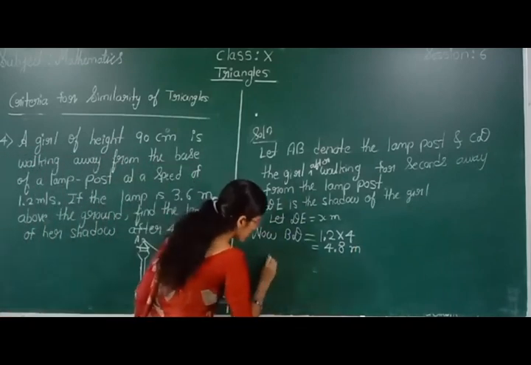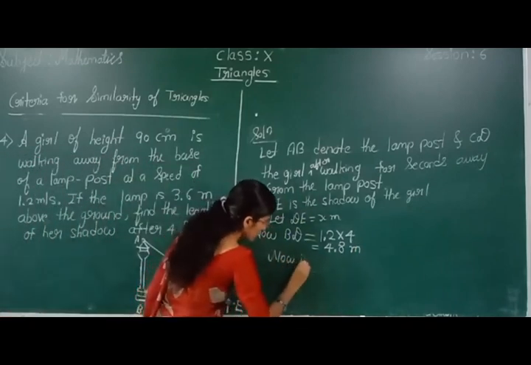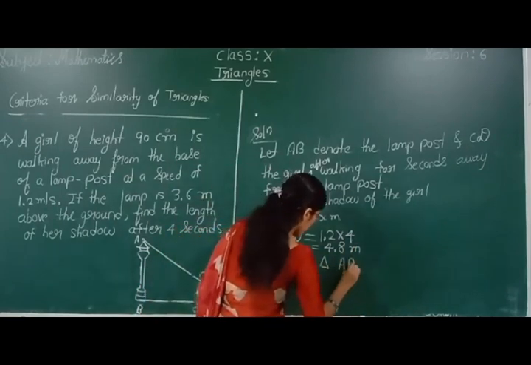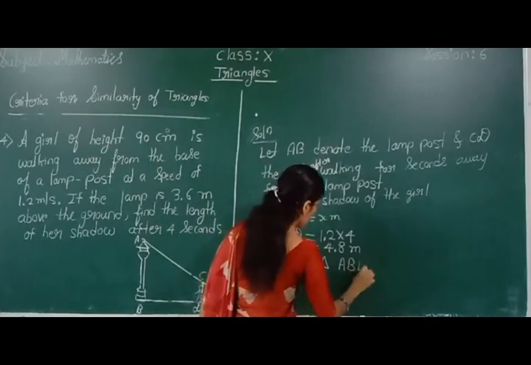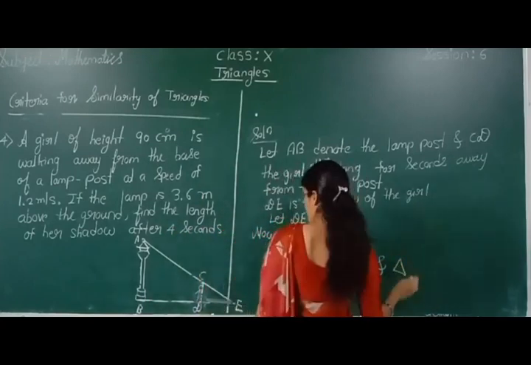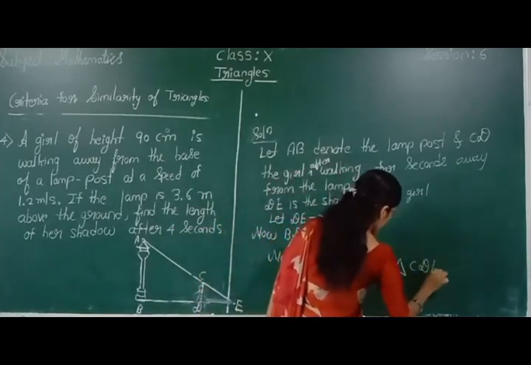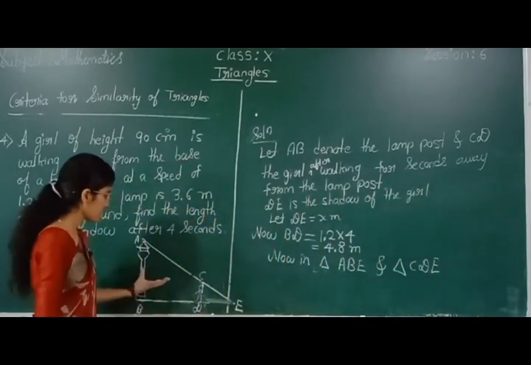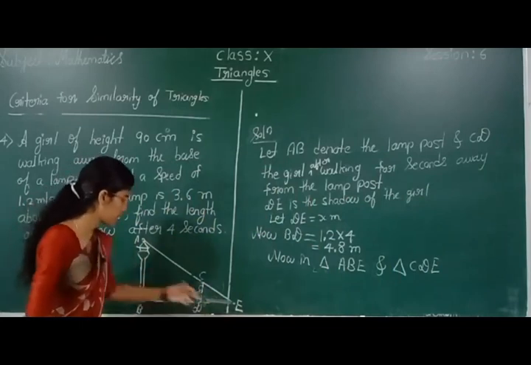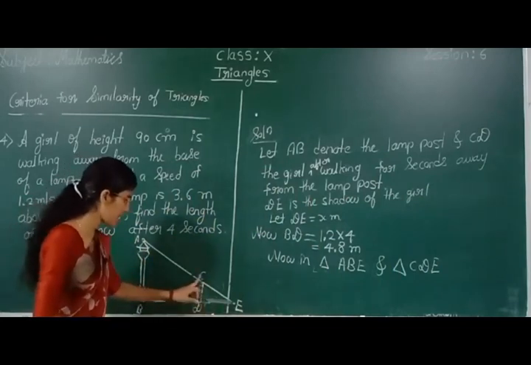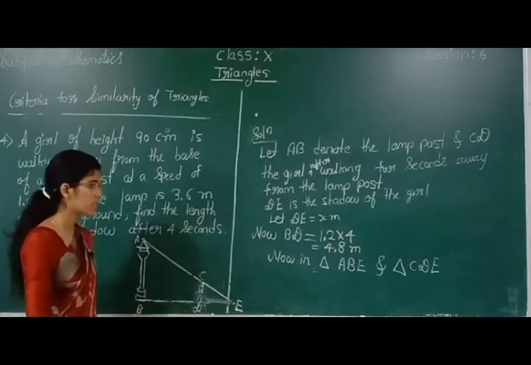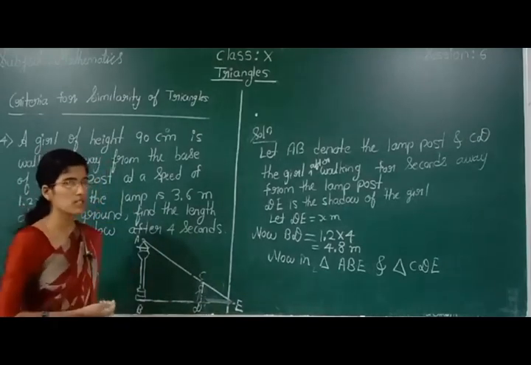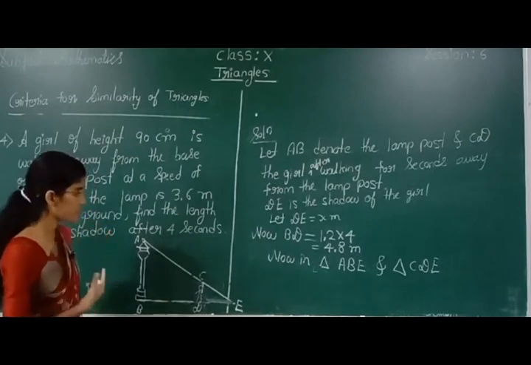Now see here. Now in triangle ABE and triangle CDE, so what we can find out here, any same quantities or any angle equal, any side equal, we will see.